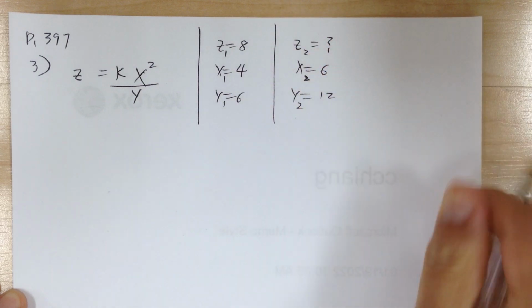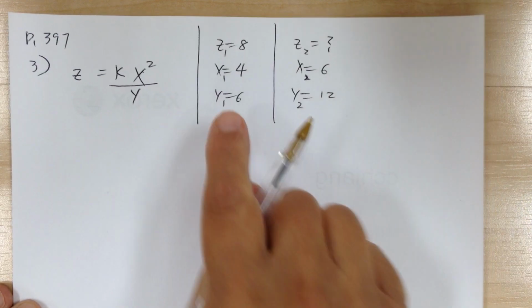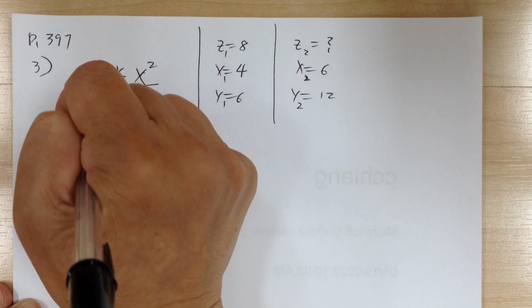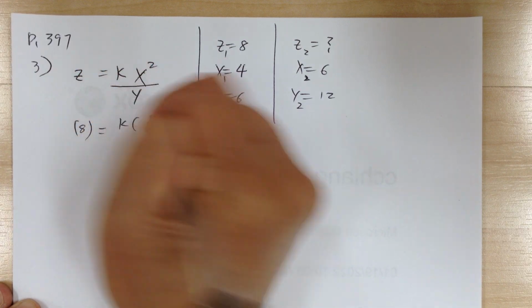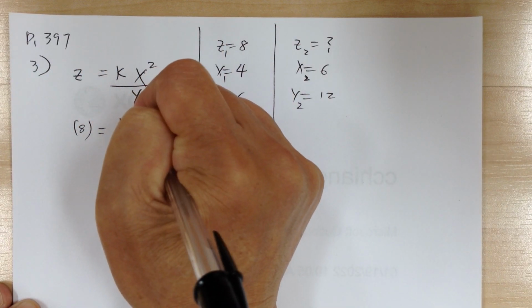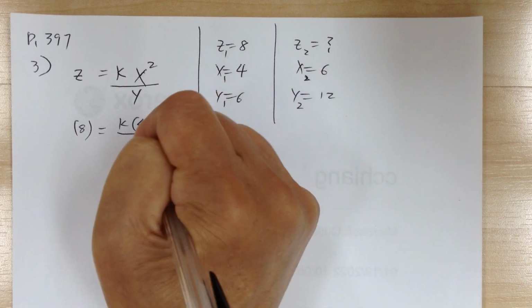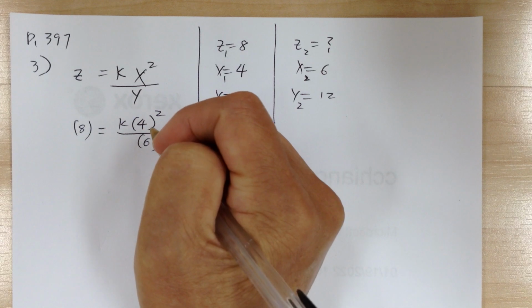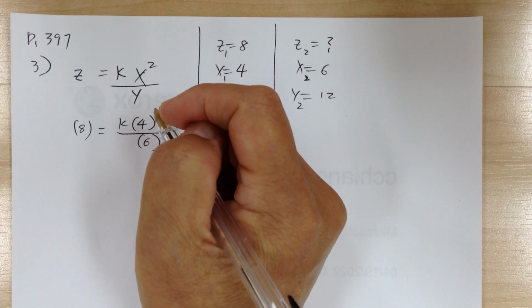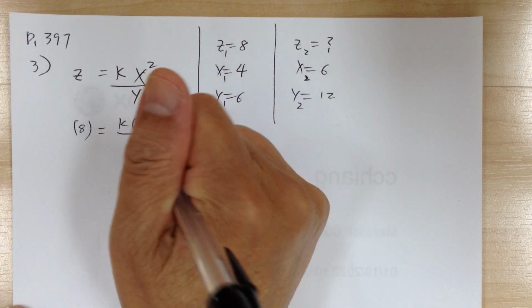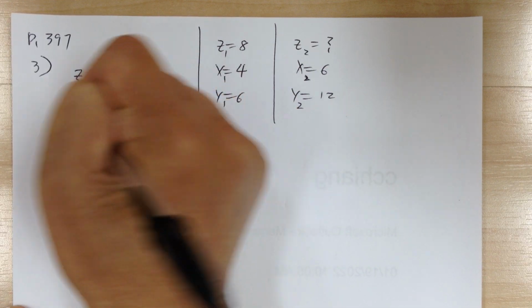Okay, so again, whenever you have variation problems, just go and use a case 1 to find k and update your equation. So substitute everything in here. So you got 8 equal to k times 4 squared over 6. Okay, so first, let's go and multiply both sides by 6 to get rid of the fraction.